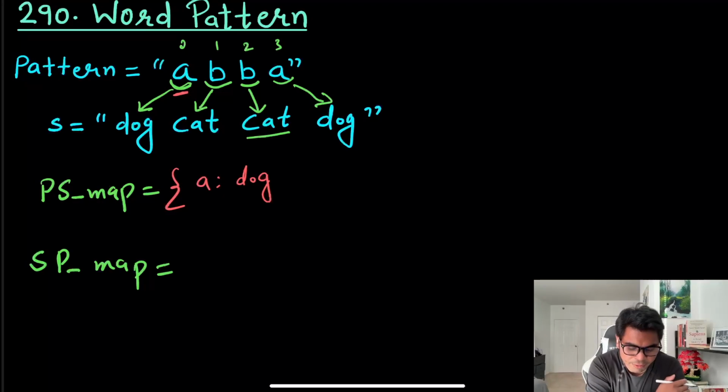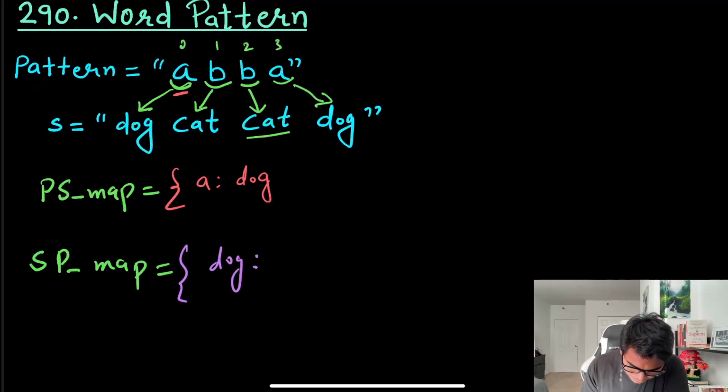If I'm considering all the letters in my pattern as keys, this is the first time I'm seeing A. Then I will also do the opposite mapping, so I will map dog to A.